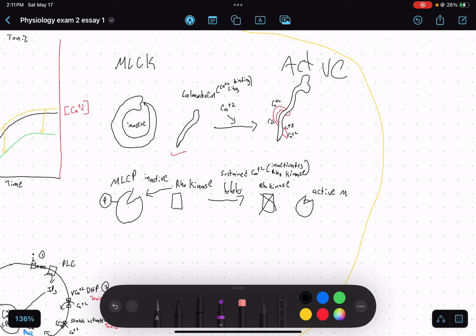And the MLCP down here is going to be inactivated whenever you have a phosphate on it, because rho kinase comes in. But whenever you have sustained calcium, it's going to inactivate the rho kinase, and then the MLCP will no longer have that phosphate on it, which will then cause it to be active.